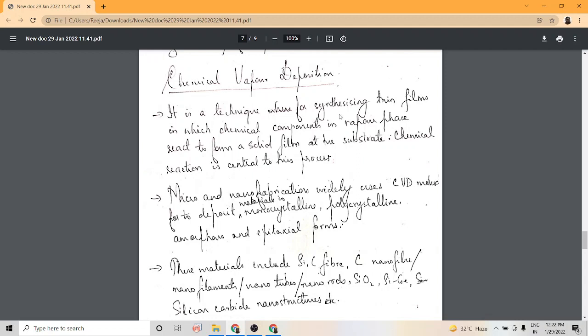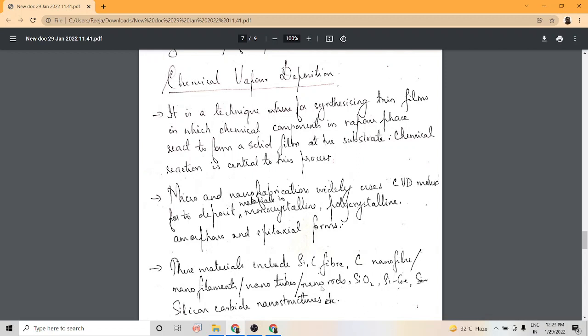So, in this method, there is a substrate and the thin film is coated on the substrate by means of the chemical reaction between some components in the vapor phase. Micro and nano fabrications widely use the CVD method to deposit materials in monocrystalline, polycrystalline, amorphous and epitaxial forms.